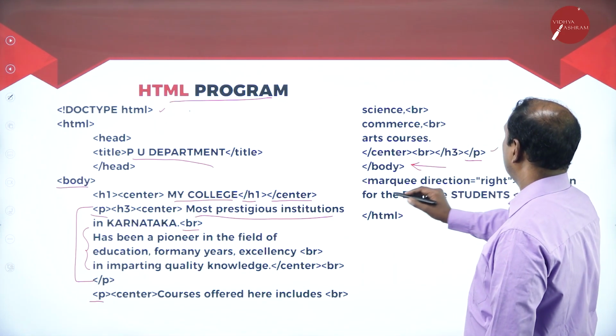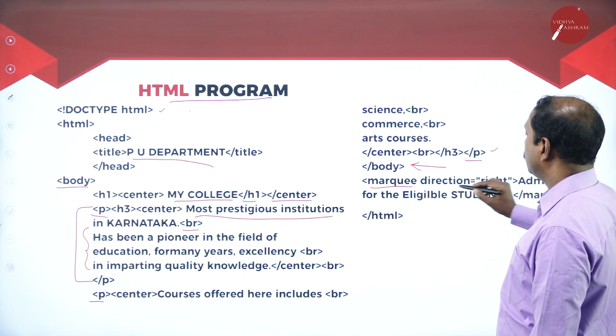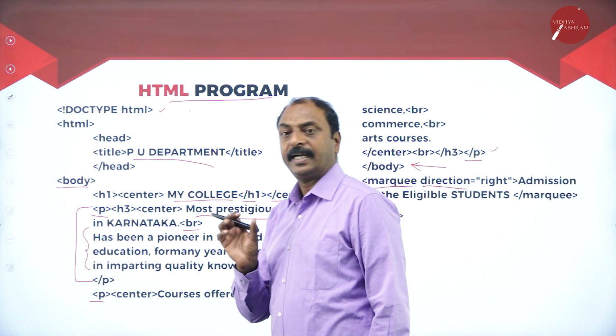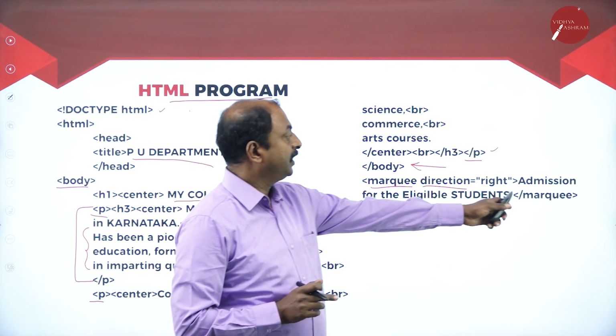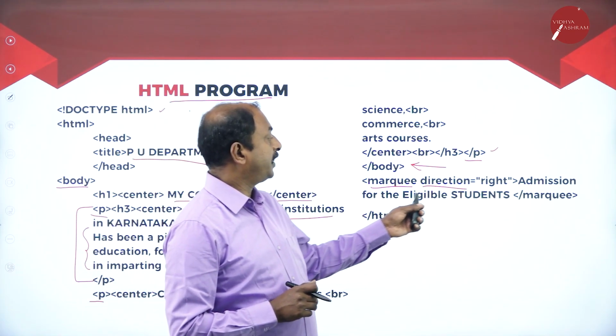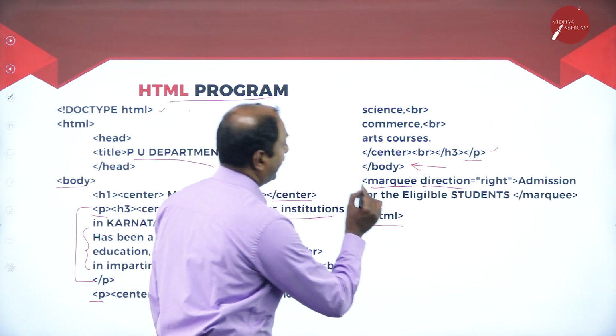Next, after this we are writing one more piece of information here, the marquee tag. This marquee is another type of tag. It moves the information written inside it from left to right or right to left. Then finally we are using the closing HTML tag here.